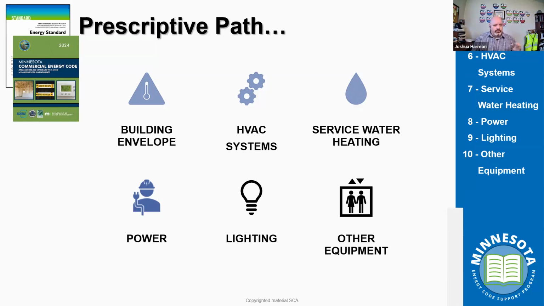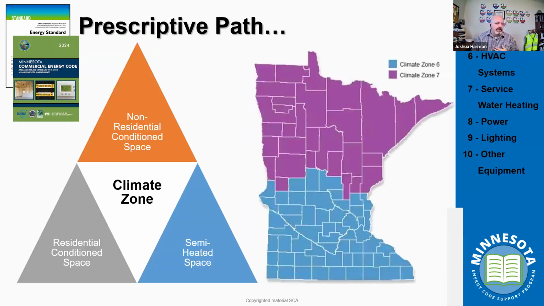So again, we're going to be running through these different sections. When we think about the building envelope, some of the first things you have to identify are our climate zone and our condition space type.